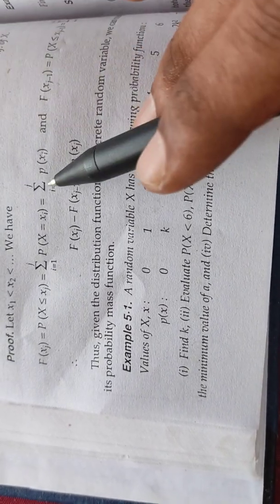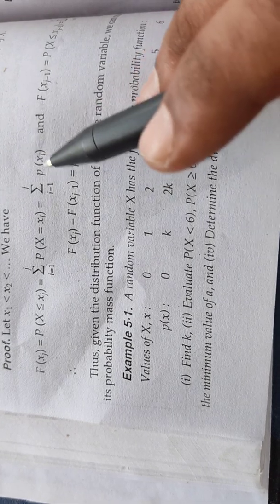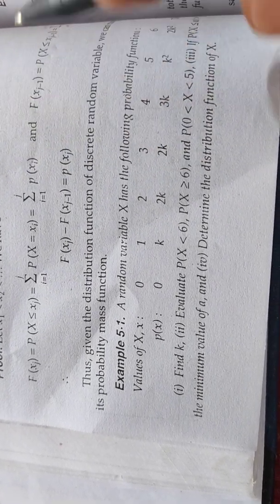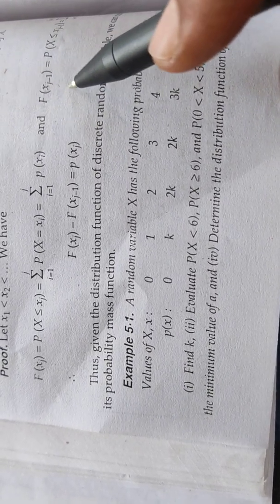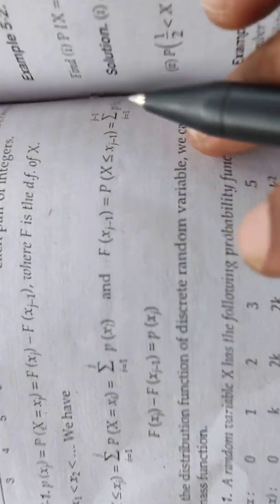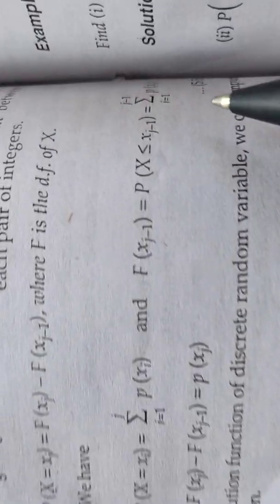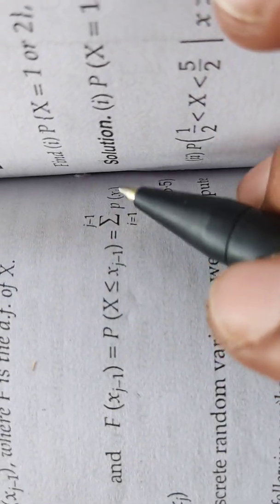Hope you understand this. Just expand this, substitute i equal to 1, probability of x1 plus probability of x2 plus probability of x3 and so on, probability of xj, and here probability of x1, probability of x2 and so on, till probability of xj minus 1.